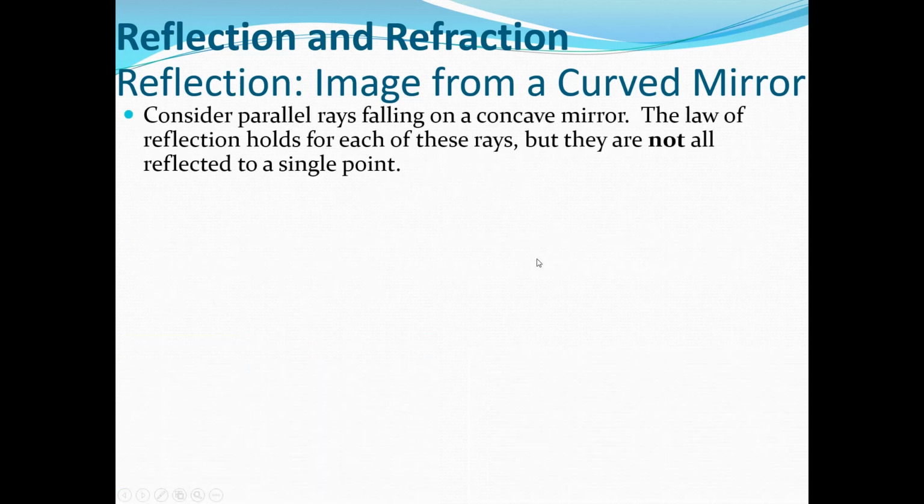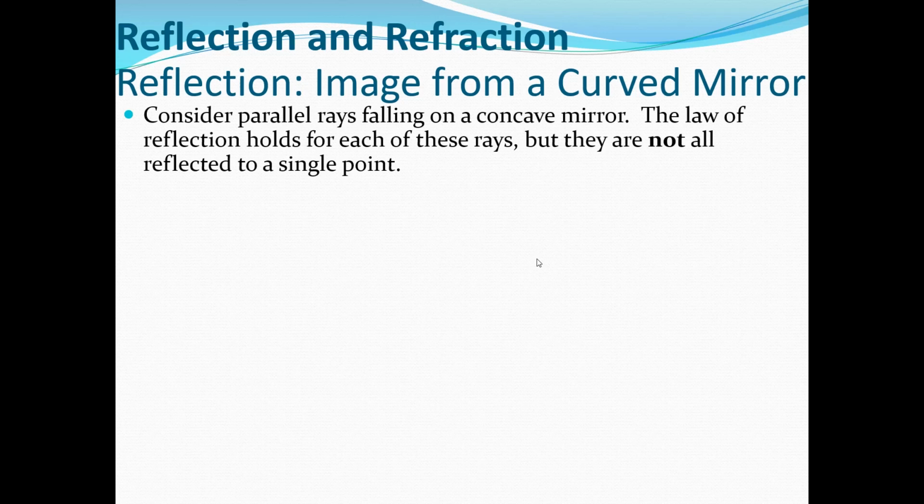All right. Now, one thing that's very interesting about rays: if we consider a case where parallel lines are coming towards a mirror, then every single line is going to abide by the law of reflection, that as they come in, they're going to bounce off at equal angles. But because of the way the mirror is curved, they're all striking the surface at different angles.